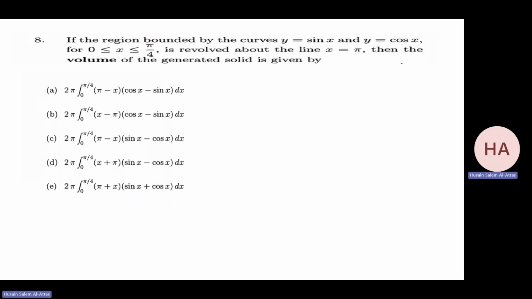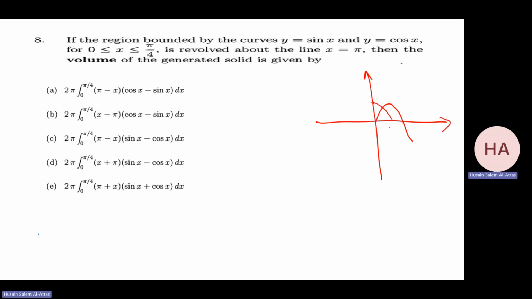In the region bounded by the curves y equals sine, y equals cosine, and 0, okay, we've done this line, then the volume is this. I have y equals sine x. I need only up to pi over 4. And I have y equals cosine x.